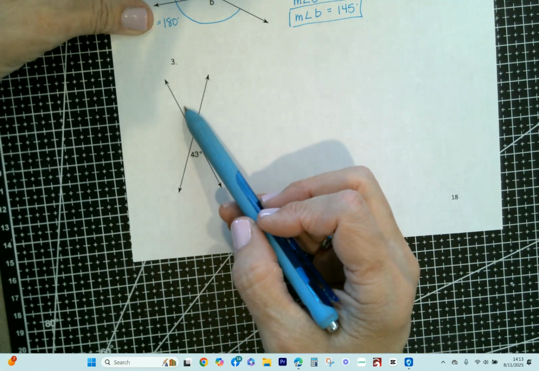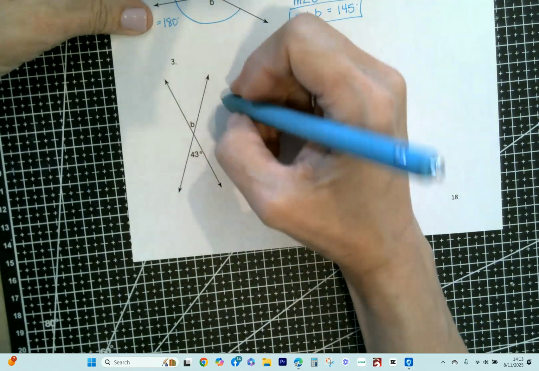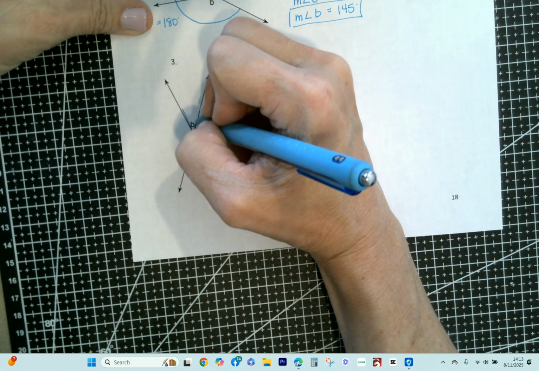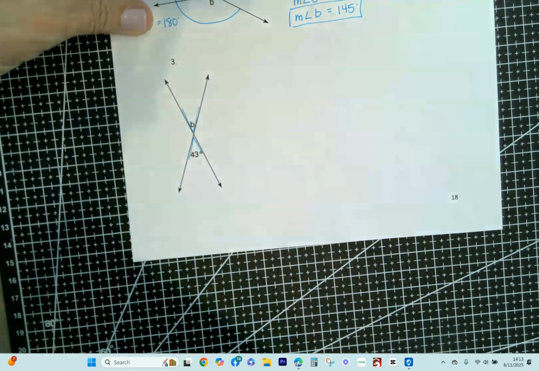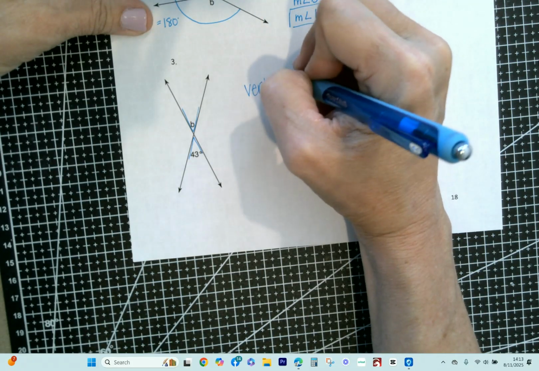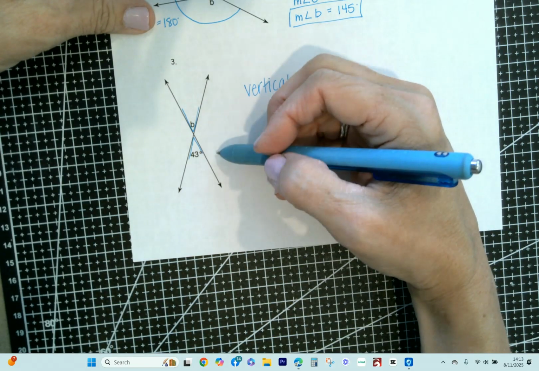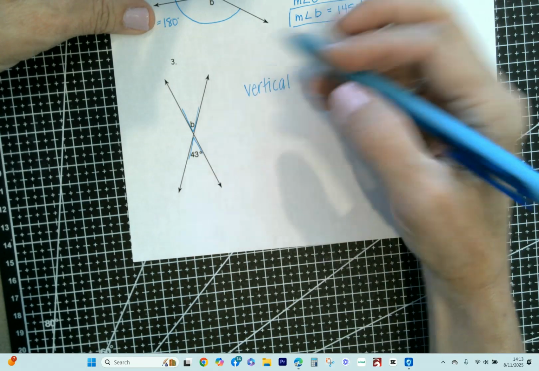And our very last one. Here we have angle 43 and angle B, and you can see this V shape here and this V shape here. So these are vertical. Vertical angles are not next to each other. They don't add to 90 and they don't add to 180.